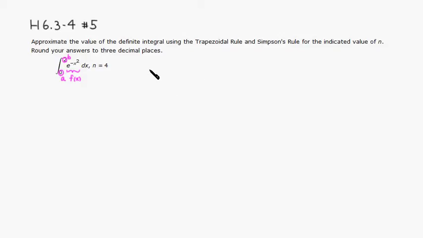We have an interval going from 0 to 2. Then we split that into 4 equal sections since n equals 4.